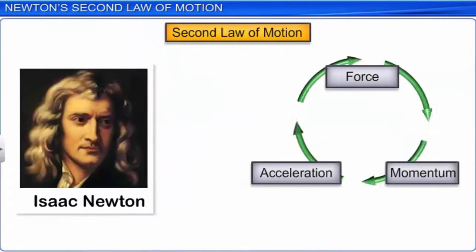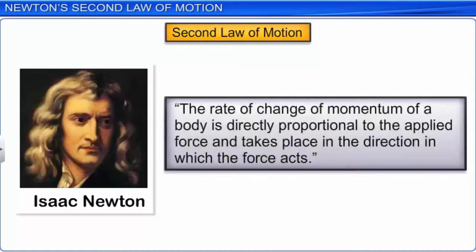Newton's second law of motion brings out this relationship between momentum, acceleration, and force. Newton's second law of motion states that the rate of change of momentum of a body is directly proportional to the applied force and takes place in the direction in which the force acts.